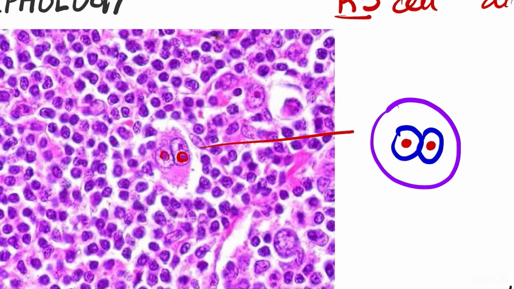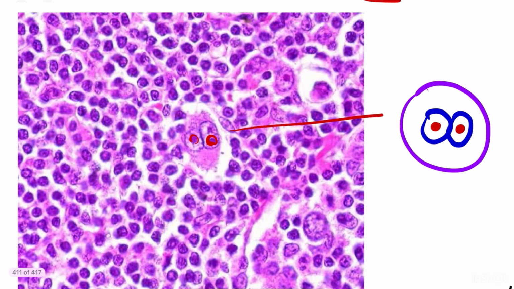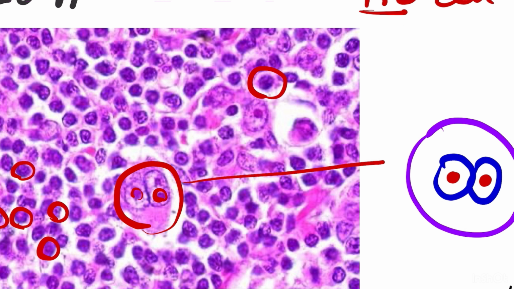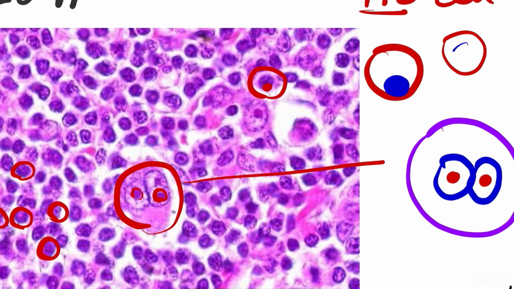And in the background of the RS cell, you can see mixed inflammatory cells. These are the lymphocytes. Here, there's a plasma cell which has an eccentric nucleus. A lymphocyte will have a central nucleus like this.